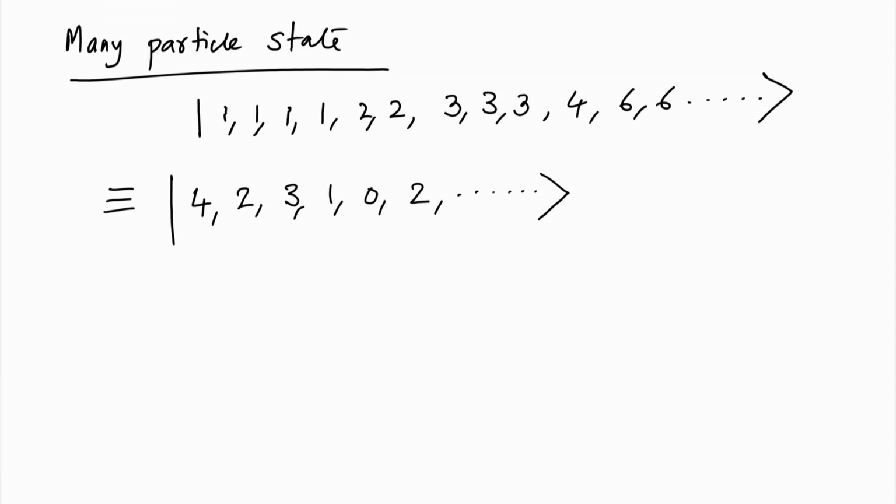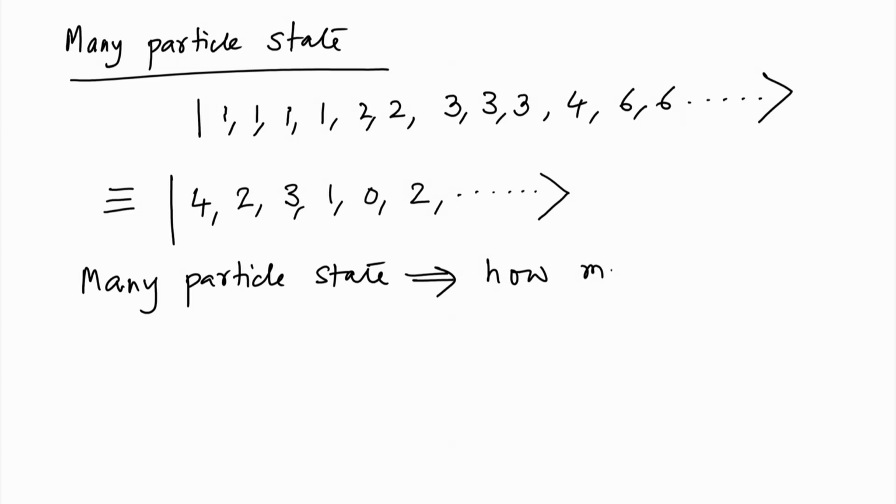Now, this is written in a basis which is called the Fock basis. So, what is a Fock basis? We have written down this many particle state, or the wave function, telling how many particles occupy position i.